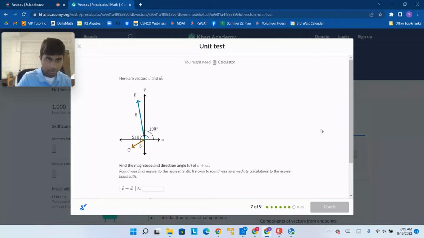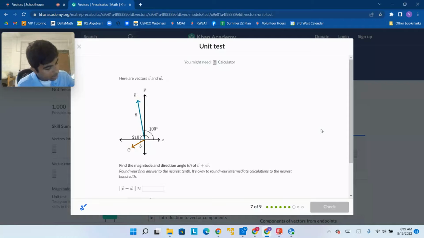So 7.88 minus 1.5 is going to be 6.38. 6.38, that is it. Positive 6.38, it should be mentioned.